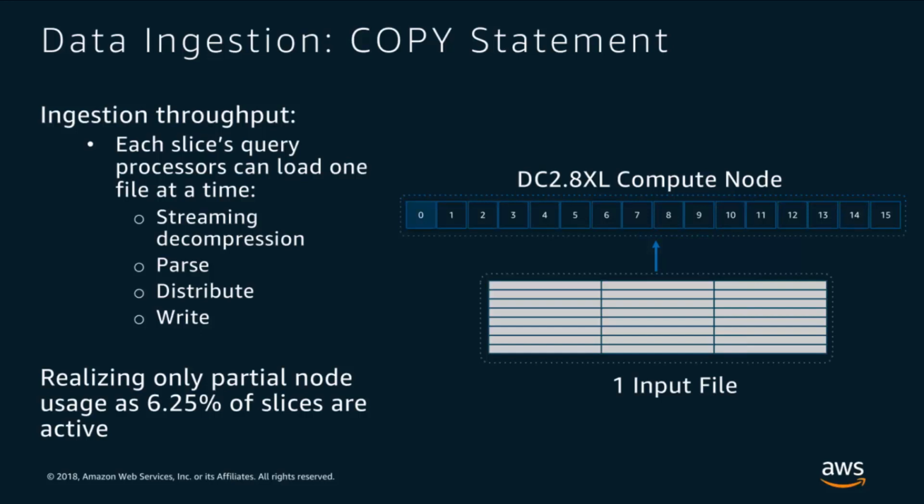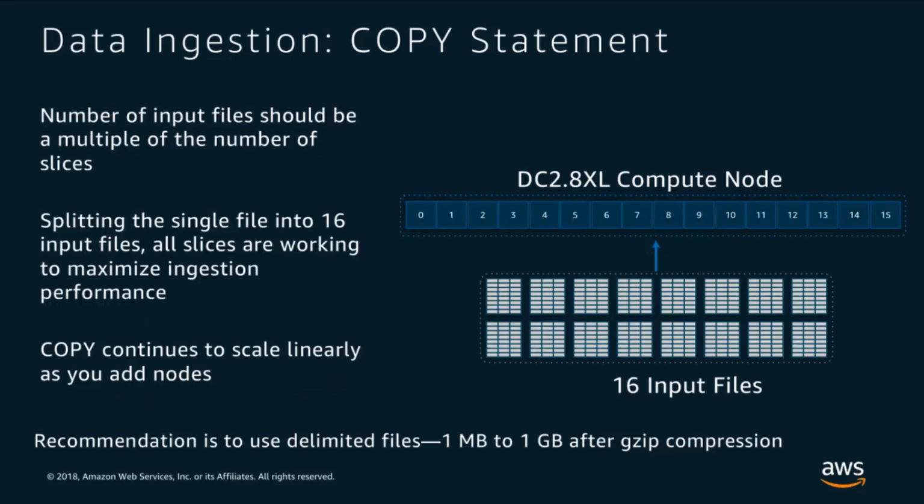Now, in this particular cluster, if I were to split this file up into 16 even pieces, because this cluster has 16 slices, what's going to end up happening is every one of those slices can now reach out to S3 in parallel, pull the file up, they can all parse it, distribute it, and all write it together. And by doing this, we actually get linear scaling in Redshift. So this would run roughly 16 times faster than the previous example.